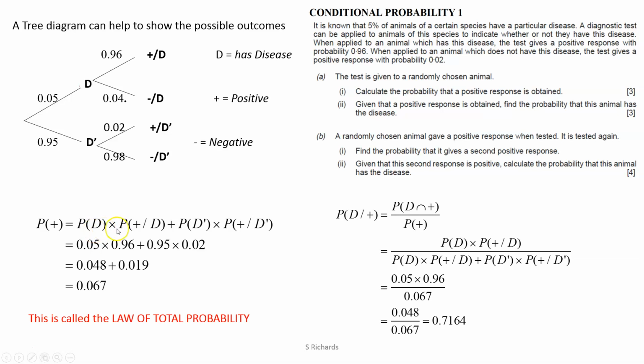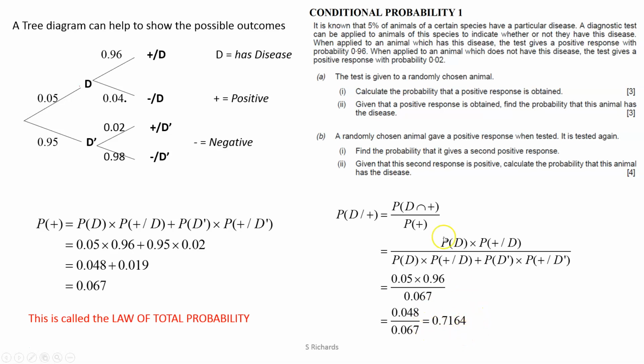So diseased and positive, 0.05 multiplied by 0.96, this gives us our numerator. Dividing gives us the total probability conditional upon a positive result of a diseased animal, and that's 0.7164.